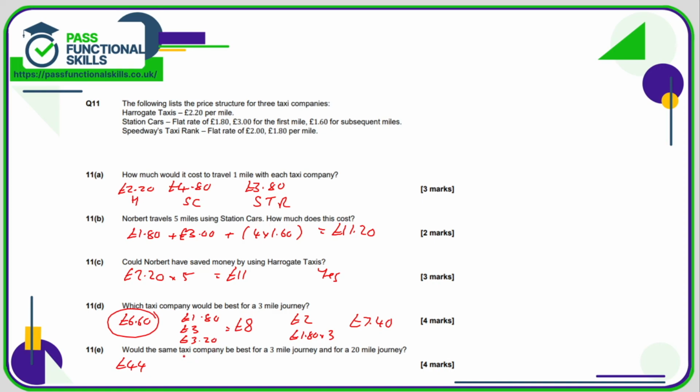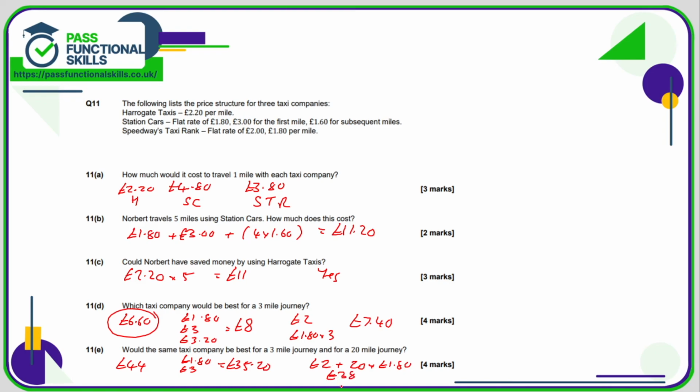Station is going to be 180 plus £3, then 19 times £1.60, and that comes to £35.20. And for Speedways, it's going to be £2 plus 20 times £1.80. 20 times £1.80 is £36, plus the 2 is £38.